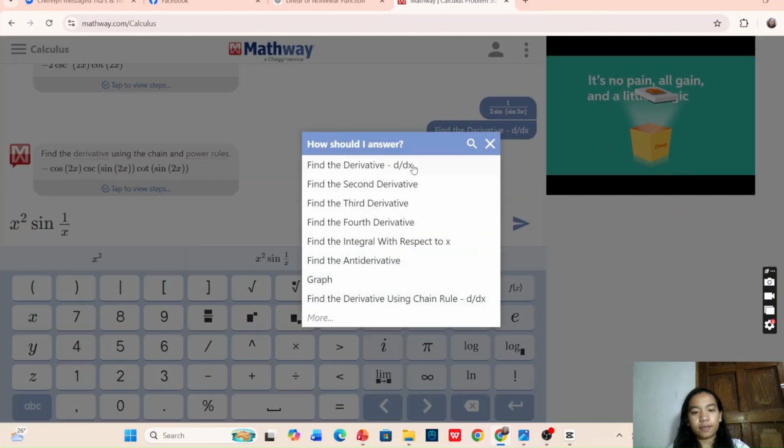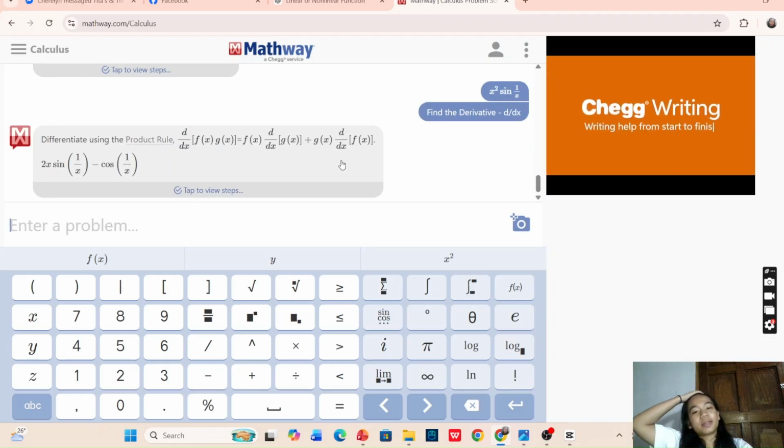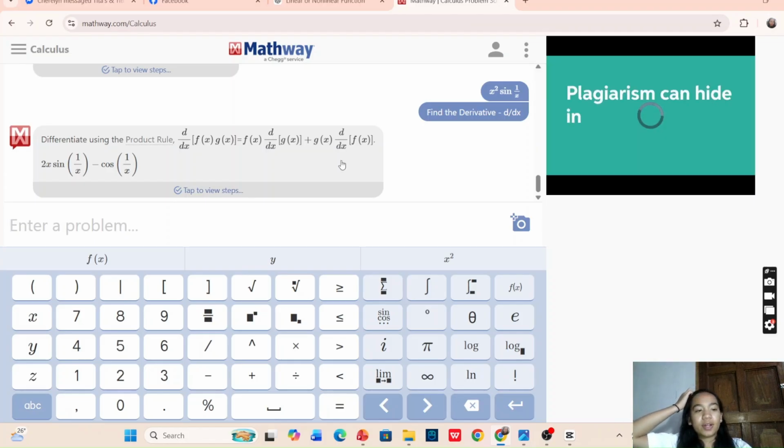So finding the derivative, by using the math calculation, we have obtained 2x sine the quantity of 1 over x minus cos the quantity of 1 over x.